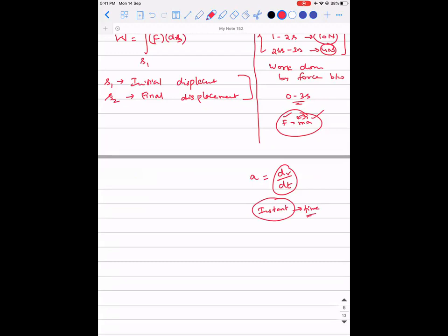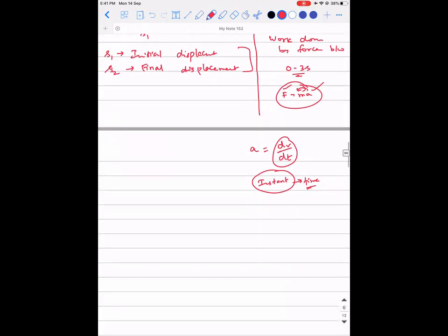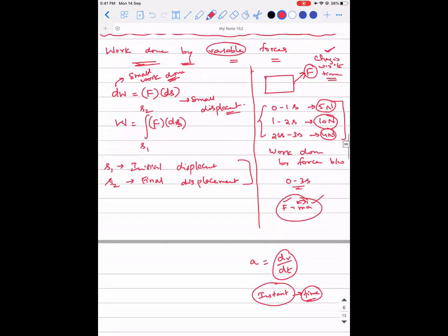Instant noodles, what do you mean by that? You will get it within no time. Instant coffee means it is going to happen instantly. So instant has something to do with time. Here, time is not taken into account, so you cannot call it instantaneous work done. Okay, sir. You call it a small amount of work done for a small amount of displacement. Okay, sir.